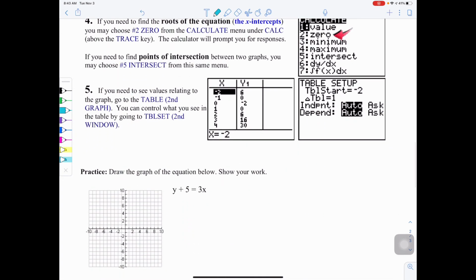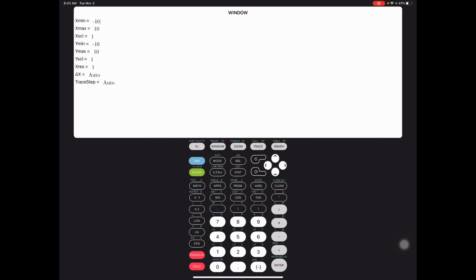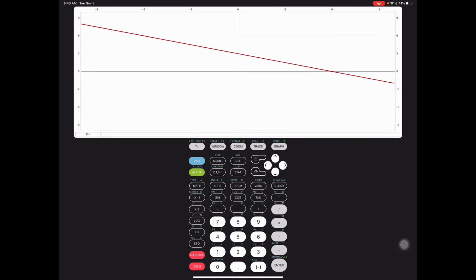Then if you look at number 5, if you need to see the values relating to the graph, you can go to the table. You can control what you see in the table by going to table set, which is second window. So you're going to notice in these notes, there are directions on the left side, and then there are pictures of what you should be seeing on the right side. So if I'm looking at this graphing calculator, again, I can hit graph to go back to a picture of my graph.